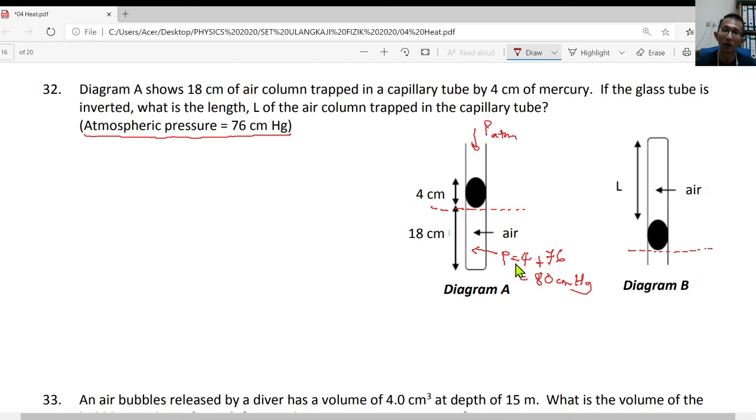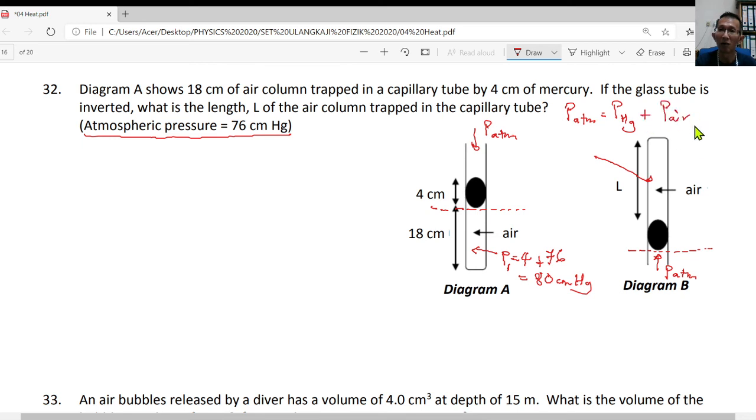So let's say here is P1. What about the pressure here? I know that from the bottom here, I have atmospheric pressure pressing it up. At the same time, I have air, and also the mercury is pushing it down. And they must be in equilibrium. So here I can write P atm must equal P of this mercury plus P of the air.